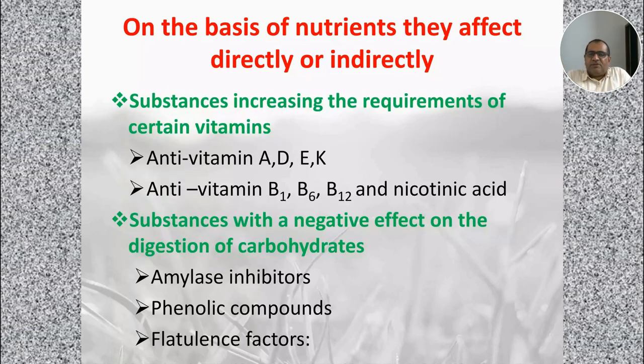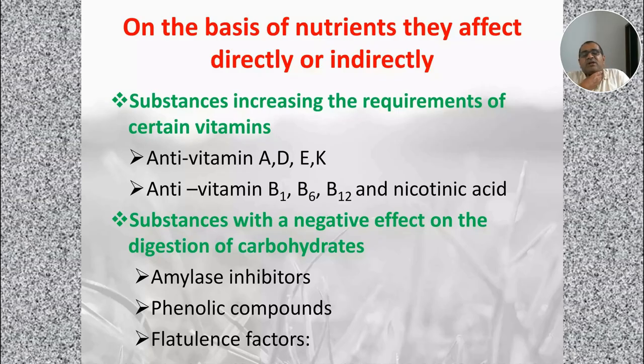Sometimes, on the basis of nutrients, they affect directly or indirectly, with substances increasing the requirement of certain vitamins. These substances cause an artificial deficiency of certain vitamins and increase the requirement of vitamins, for example anti-vitamin A, anti-vitamin D, anti-vitamin E and K. These are all very important lipid soluble vitamins.